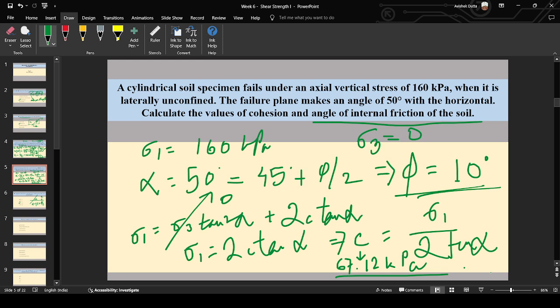So I'll just repeat: sigma 1 is given, the axial vertical stress, sigma 3 is 0, alpha equal to 50 degree equals 45 plus phi by 2, we find the angle of internal friction, phi equals 10 degree. The main equation is sigma 1 equal to sigma 3 tan square alpha plus 2c tan alpha. Rearranging the equation and putting sigma 3 equal to 0, we get c equals sigma 1 divided by 2 tan alpha, and the value of c we get is 7.12 kilopascal.